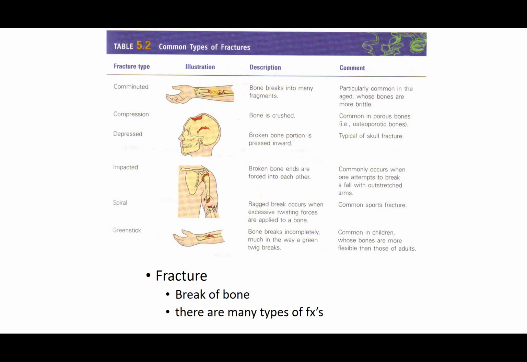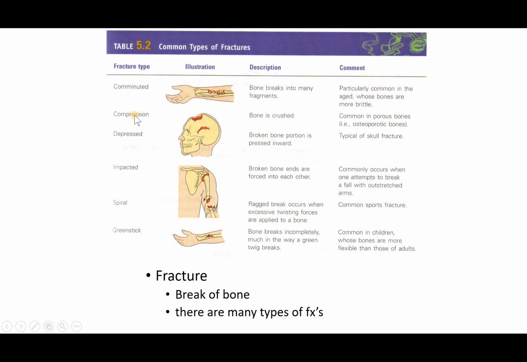So we have open fracture, bone breaks, pierces skin. And then if the bone breaks and does not pierce the skin, then we have a closed fracture. So going back to this comminuted fracture, it's obvious the skin is not pierced. So we could say this is a closed comminuted fracture in the diaphysis of the right radial bone.